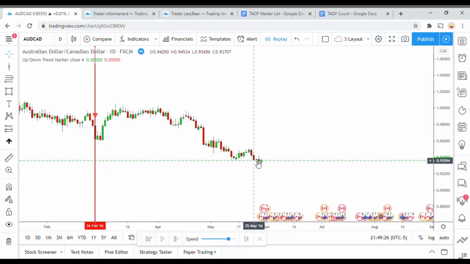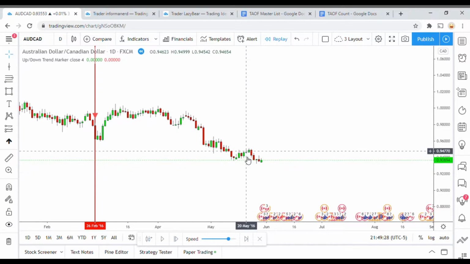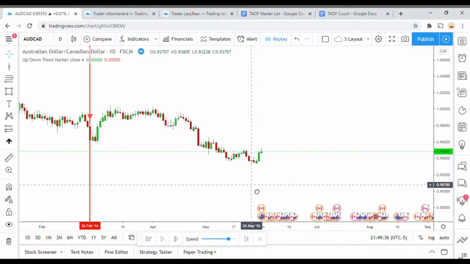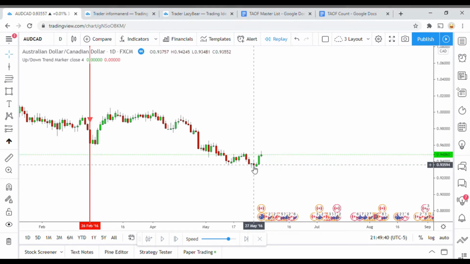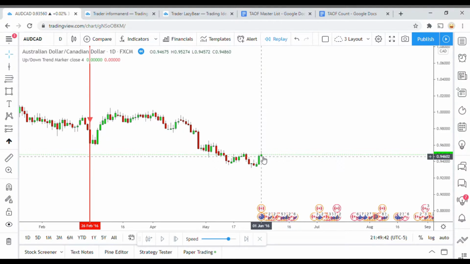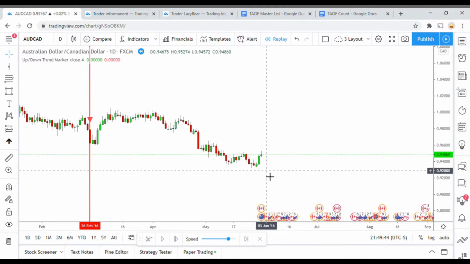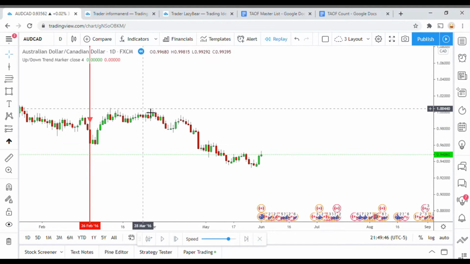Now again, that's not to say that it's going to jump right up. Don't mistake that. At this point, we're just watching what price action is doing. And there we go. We have a pretty good confirmation right there that we're going to get a push, at least a small one, to the upside now.